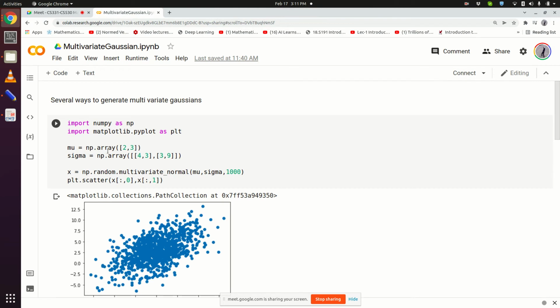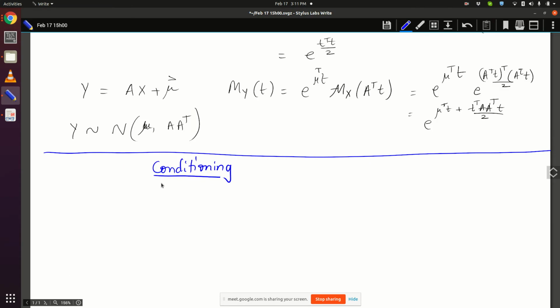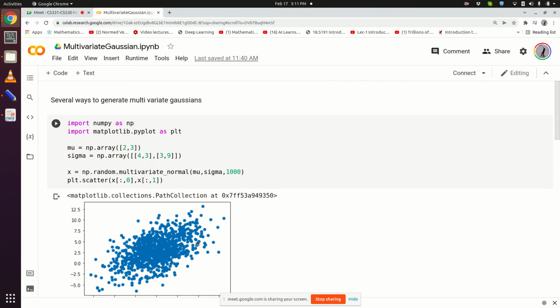Okay, so first we are drawing points from a normal with mean 2, 3, and variance 4, 3, 3, 9. So I am drawing points from this distribution.